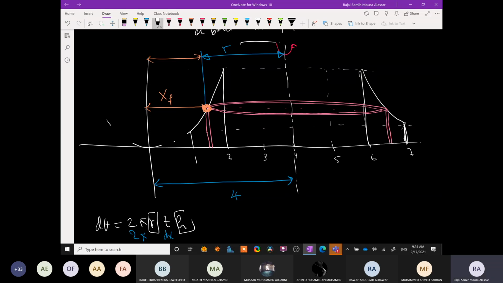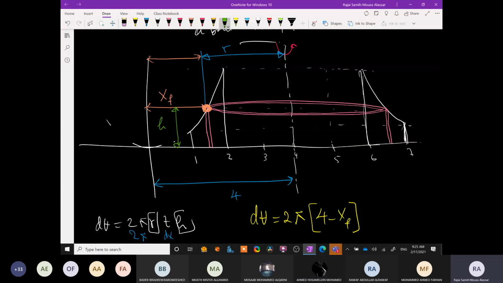Okay, so now my dV is equal to 2 pi. Now r, what should r be? 4 minus x of the function. Yes, exactly. Multiplied by what? What is h now? Let's look at h. Isn't this h? Yes.